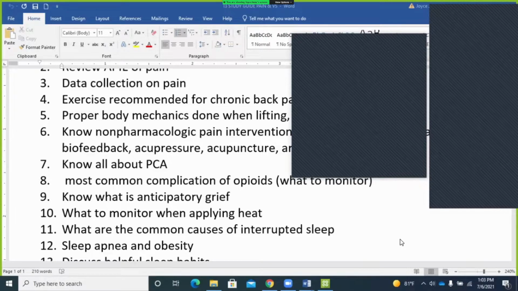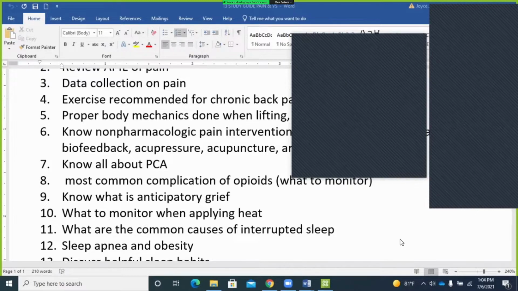You already know you're going to lose something, or your disease is progressive. So that is anticipatory grief.